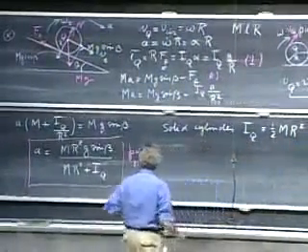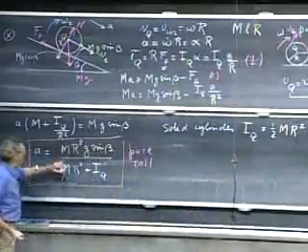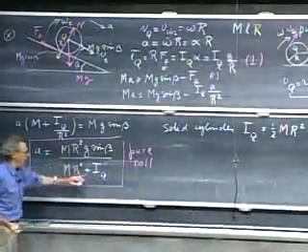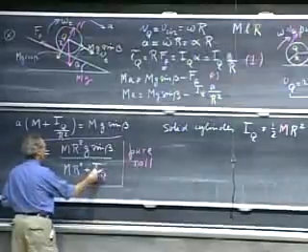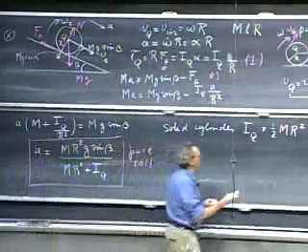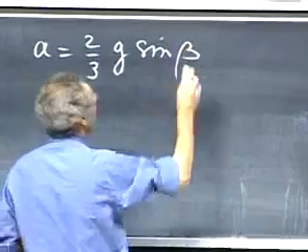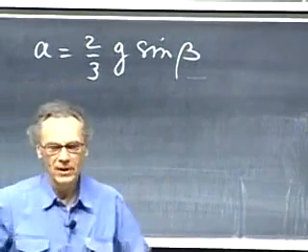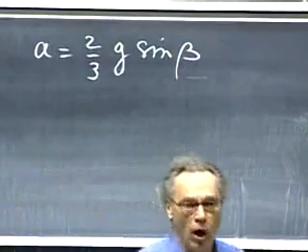And if I substitute that in here, notice that all my m r squares go away. I get 1 plus 1/2, which is 1.5, upside down it becomes 2/3. So A equals 2/3 times g times the sine of beta. There is no M, there is no L, and there is no R.